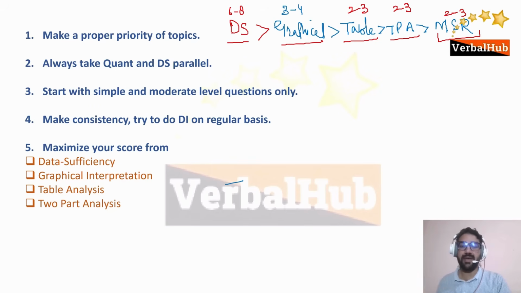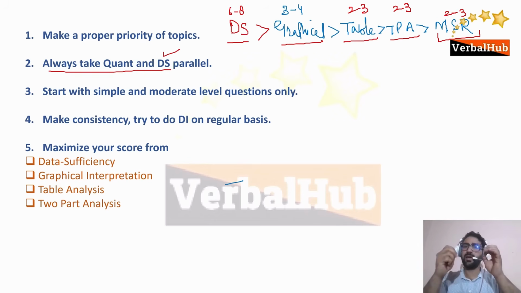The second trick, what I am discussing again and again, is that you have to take data sufficiency content. It is not all of data insight, it is data sufficiency, only one part of data insight, that you have to take parallelly. Why? For example, you are taking arithmetic and solving problem solving questions, say from the remainder topic.